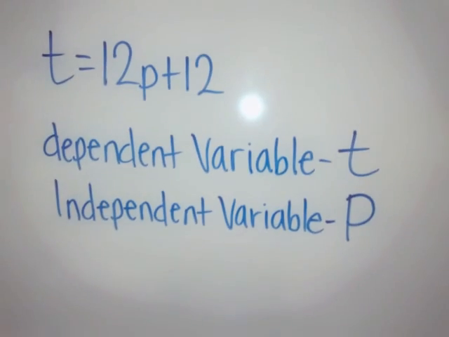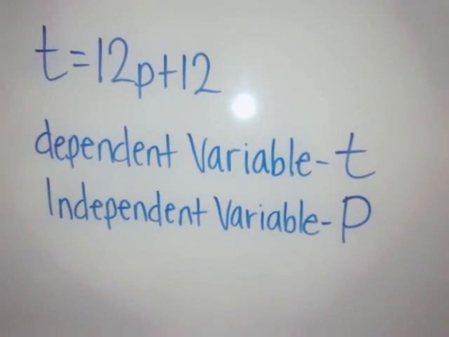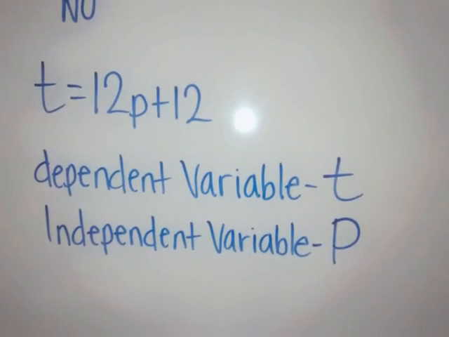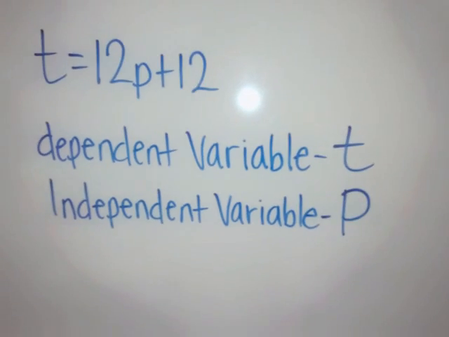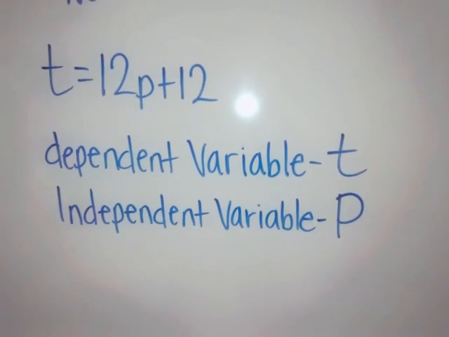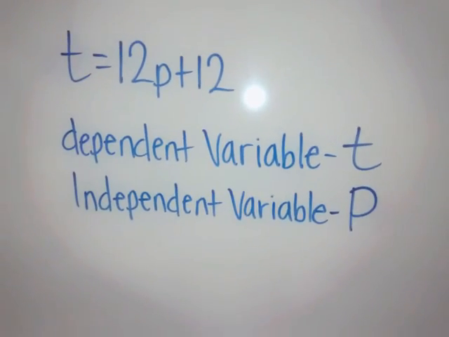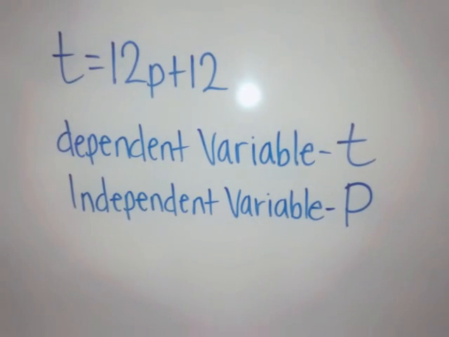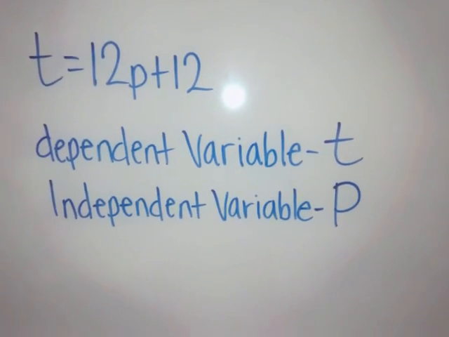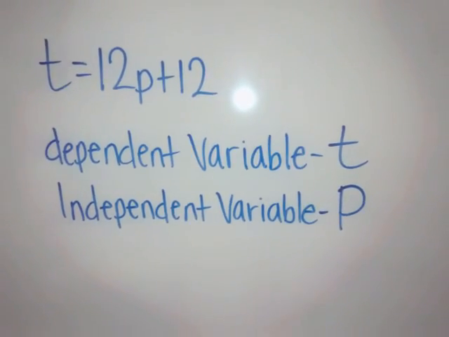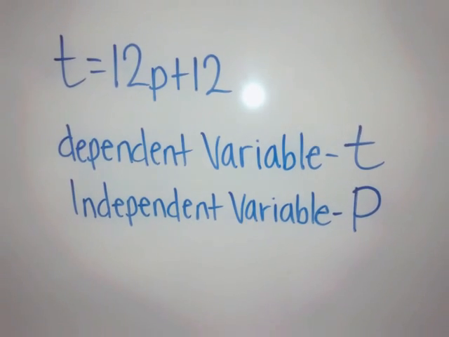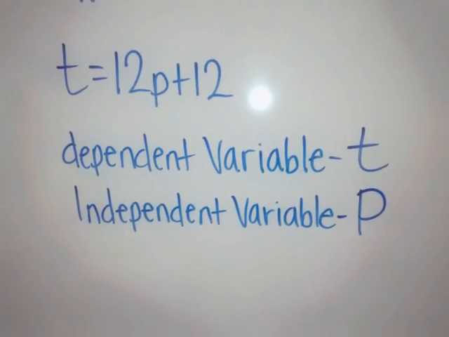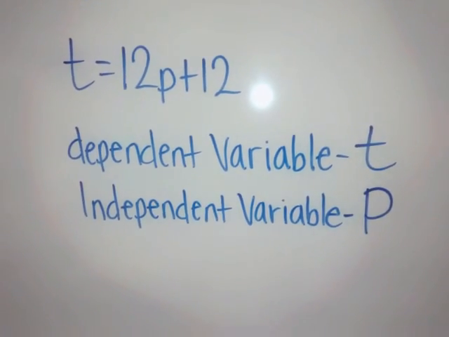The second portion of this section, we have an equation displayed, and we have to identify the dependent variable from the independent variable. In your notes, if you recall, I already completed this process. The independent variable is the variable that can change freely. The dependent variable is the variable that you're solving for.